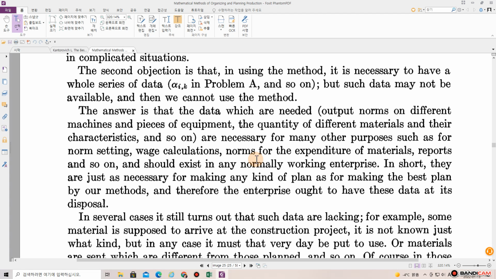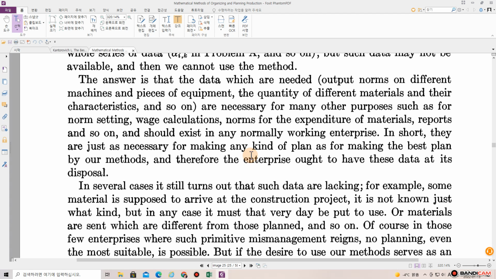The answer is that the data which are needed, output norms on different machines and pieces of equipment, the quantity of different materials and their characteristics, and so on, are necessary for many other purposes, such as for norm setting, wage calculations, norms for the expenditure of materials, reports, and so on, and should exist in any normally working enterprise.